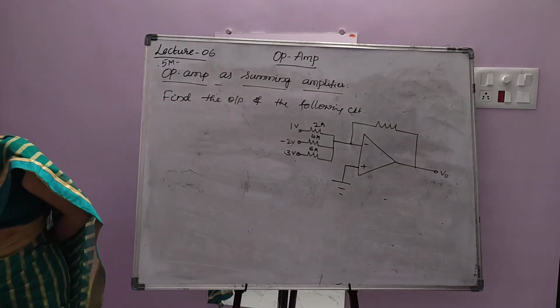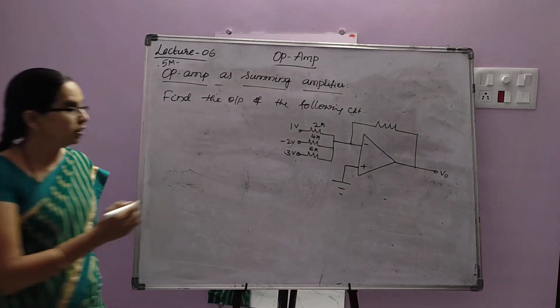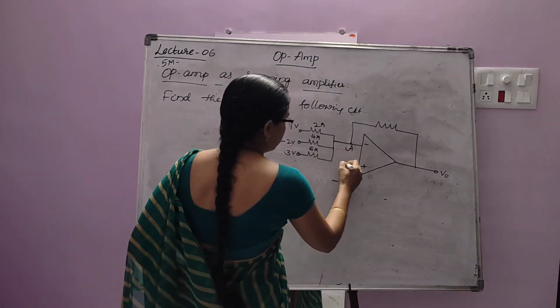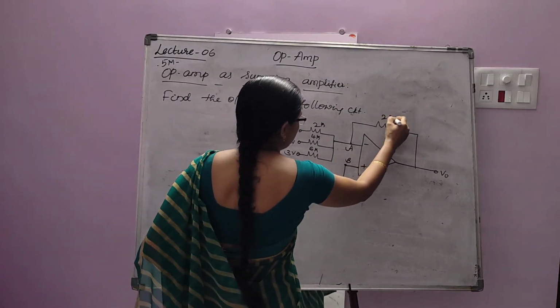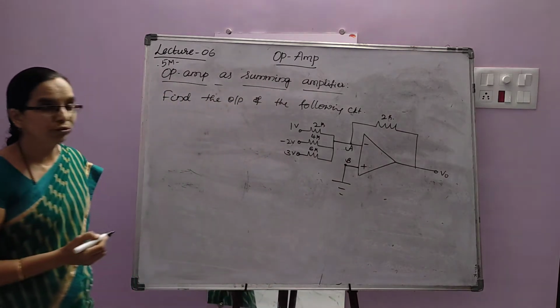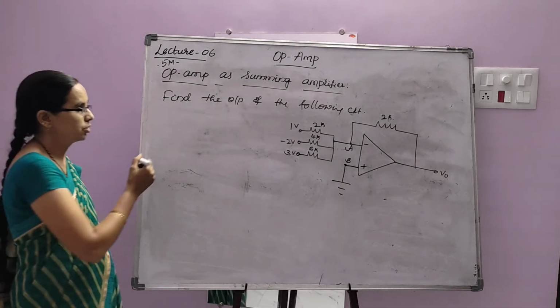And the RF value will be given as 2 kilo ohm, and this is the point A and this is the point B. It is 2 kilo ohm. So we need to find the output voltage.